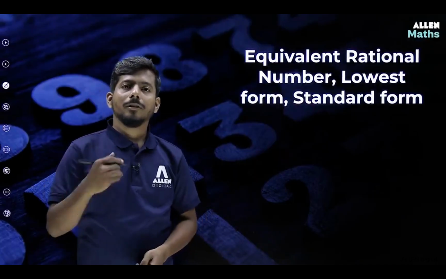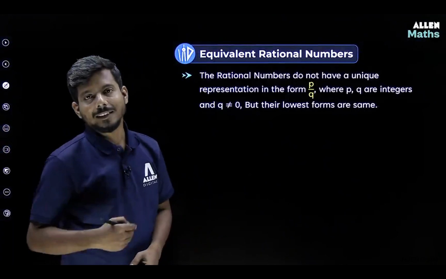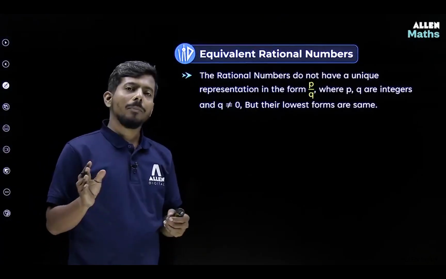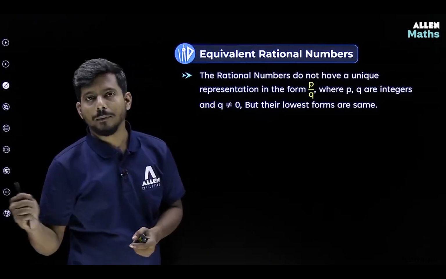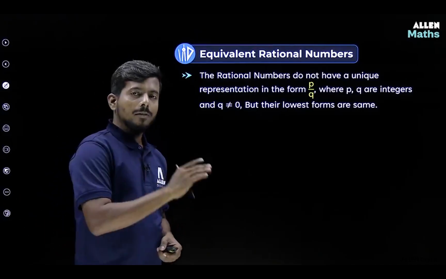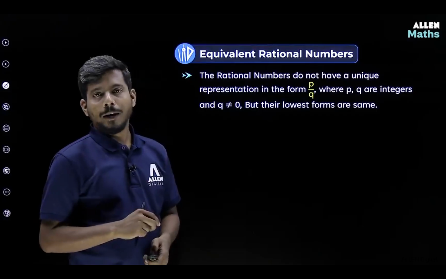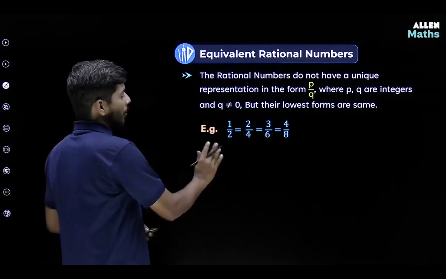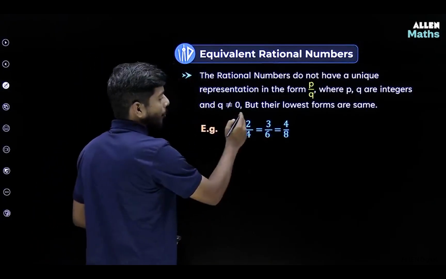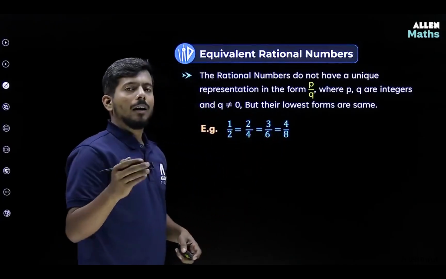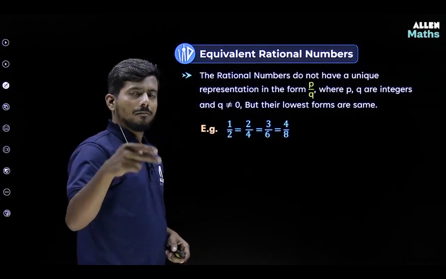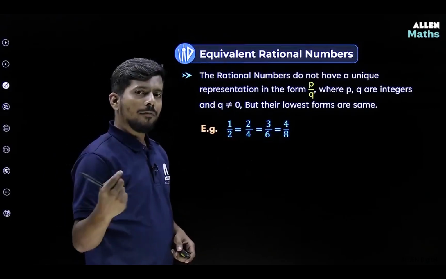First let's understand equivalent rational number. Equivalent means, by the name itself, we can understand that it is equal rational number. Let's directly go to the examples, it will help you understand in a better way. If you observe the examples, here we have 2 over 4, 3 over 6, 4 over 8. Is there any pattern, or can we simplify all of them?